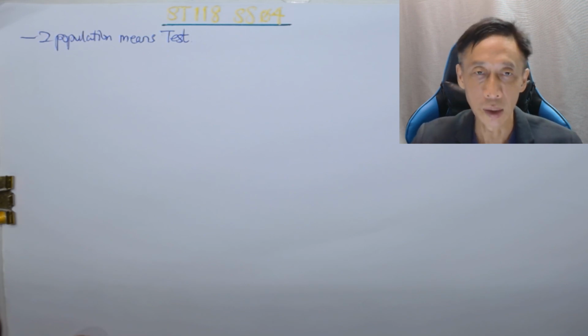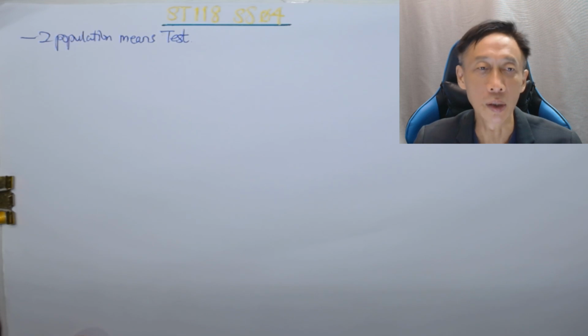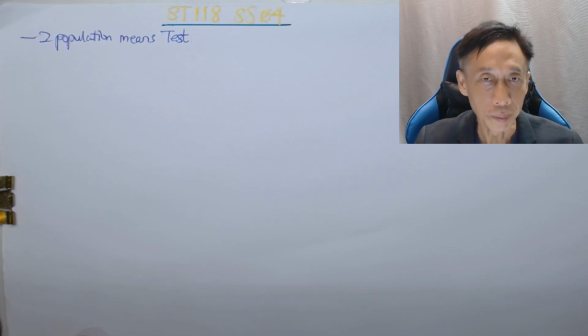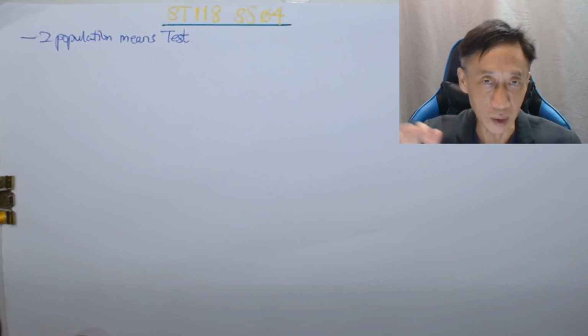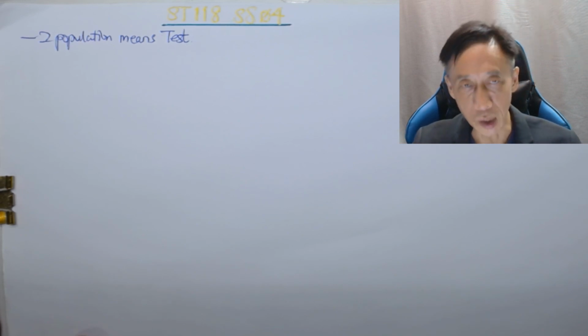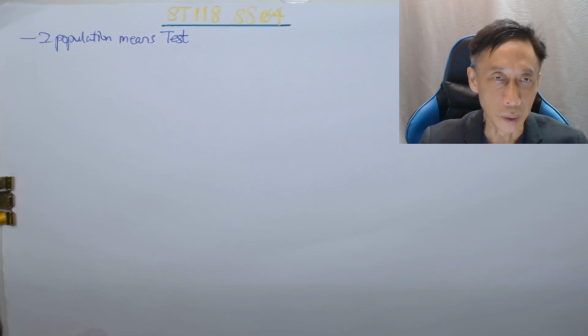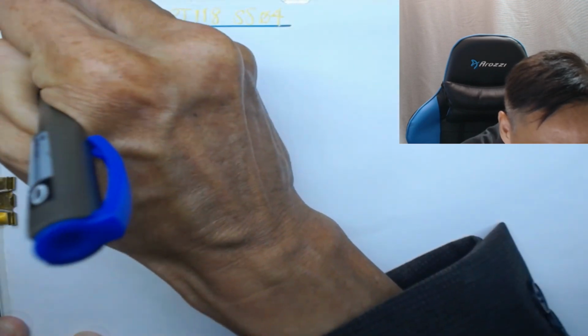How did this group of things, objects, products, people, companies, stocks, whatever it is, measure after some time? Therefore there's a population before, there's a population after. There's a population A, there's a population B, resulting in population means.